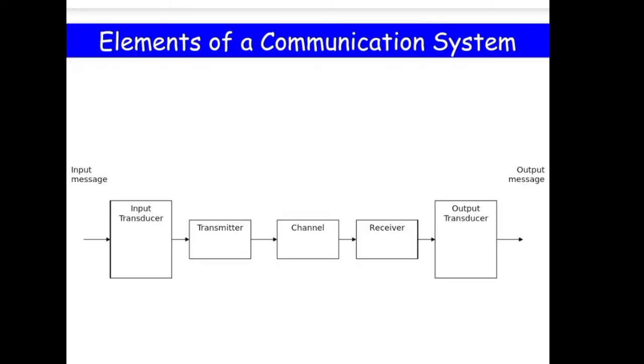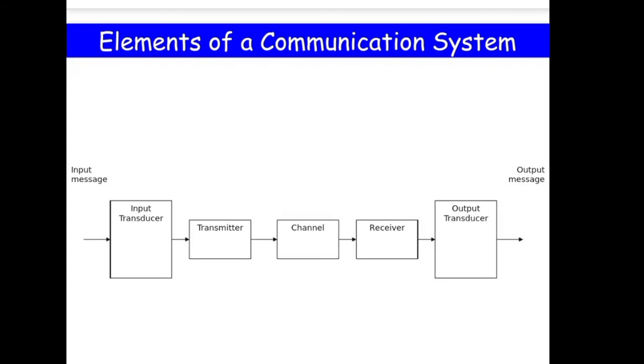This is about the elements of a communication system block diagram. How to communicate, or what are the elements used for a communication system. Any type of data or input message is sent to the input transducer. Then it is transmitted to the transmitter through the channel.